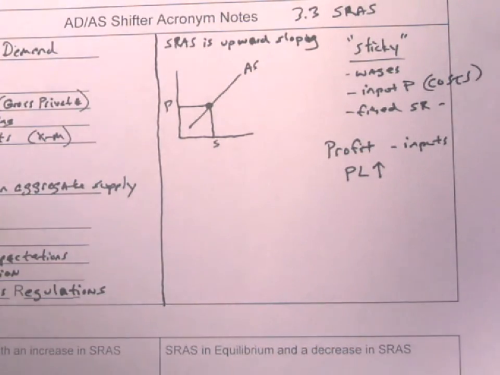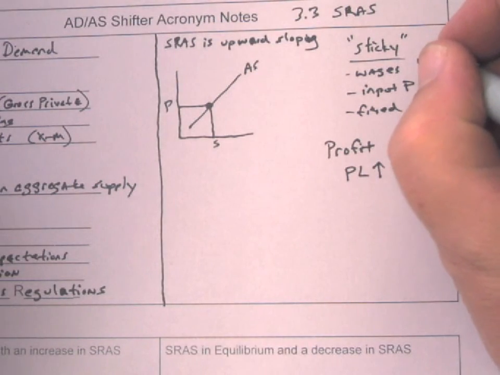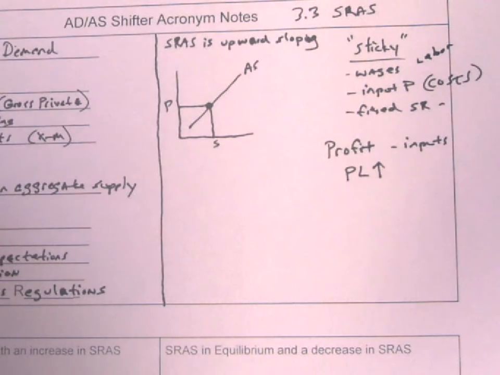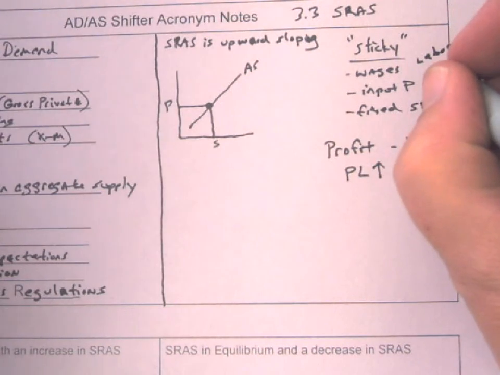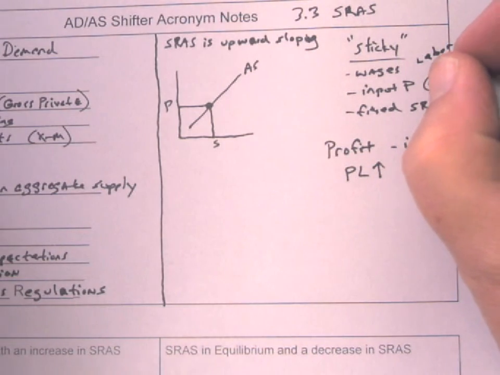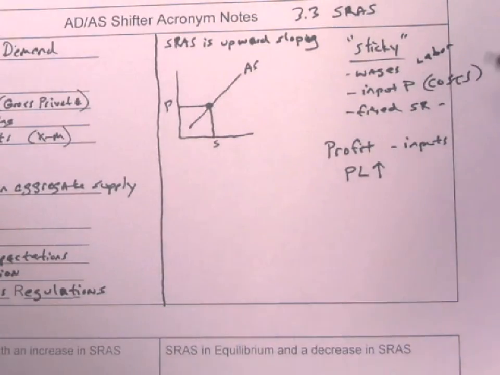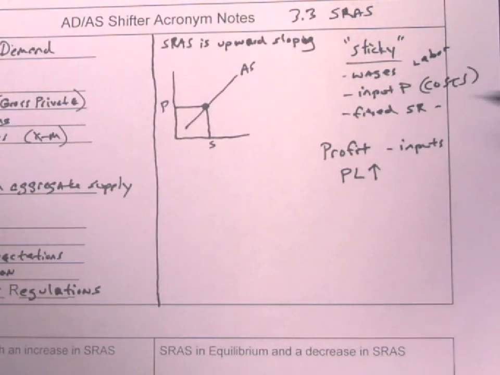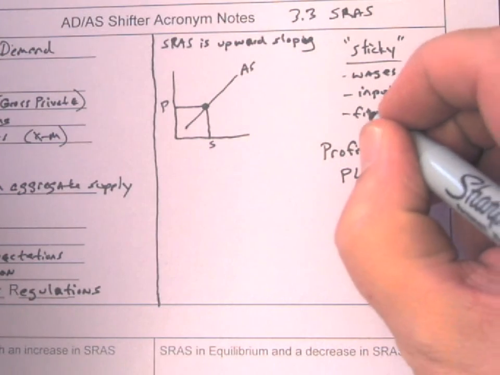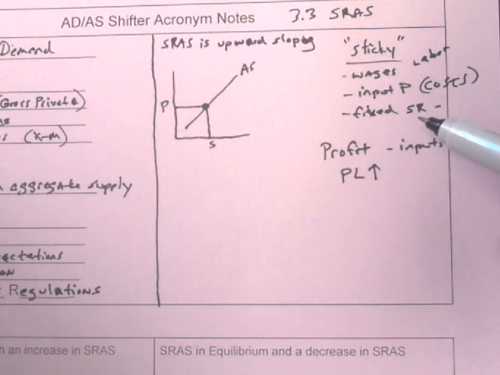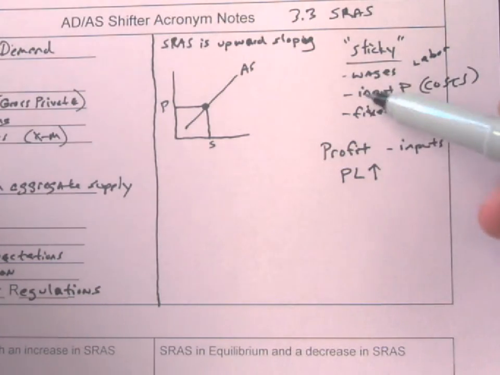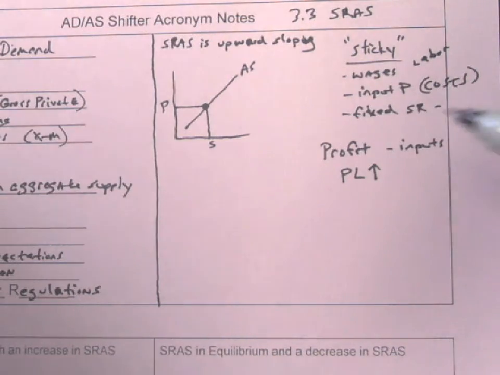This can be due to labor contracts, or raw material contracts, like a year providing such and such at this price. So all those things are going to be fixed in the short run. Short run is not a time period. It simply means that any one of these things are set and not moving.